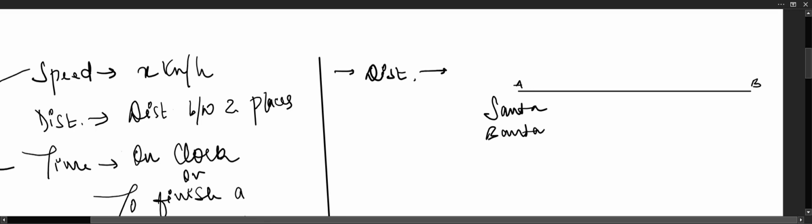Let's say Santa has a cycle with gear and Banta has a normal cycle without a gear. And the distance between them is x kilometers.